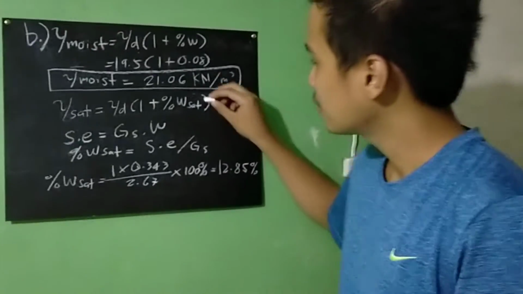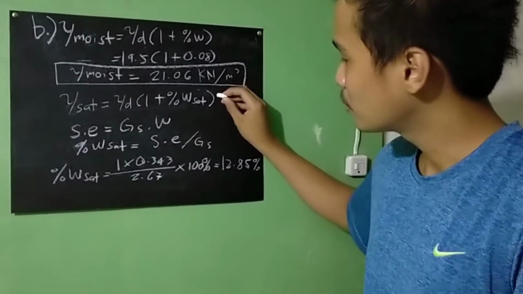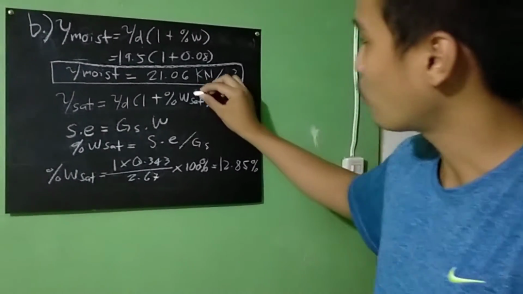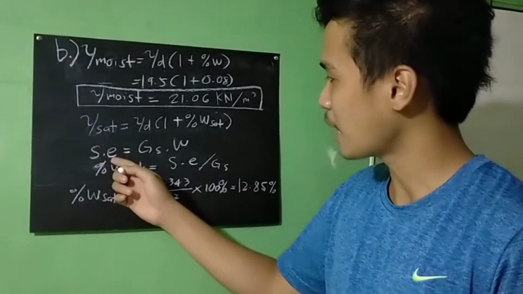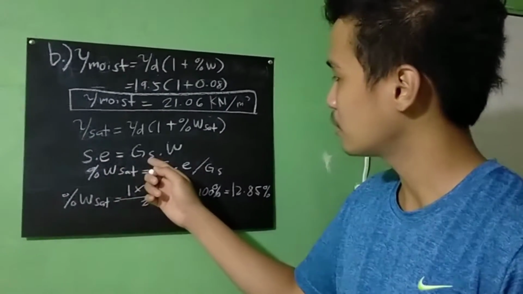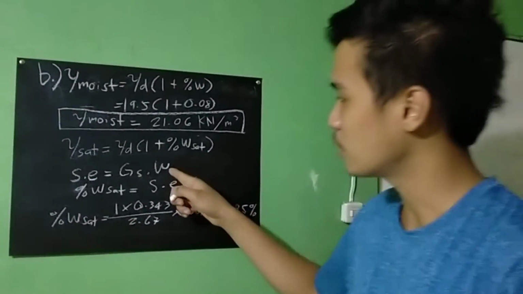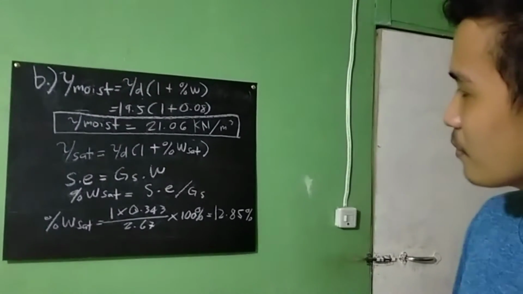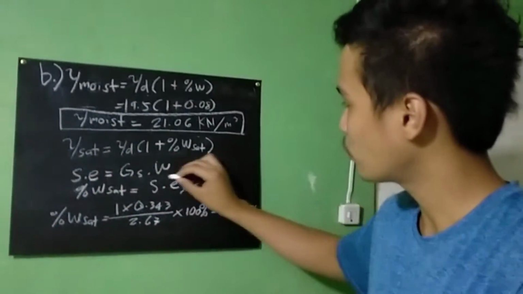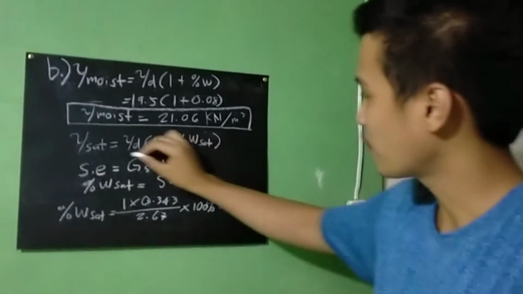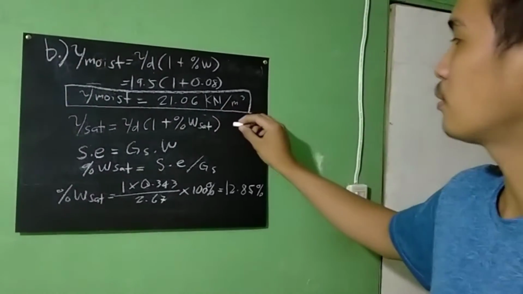Since the percent water content saturated is unknown, we have to find it first using the formula. The formula is S times e is equal to G sub s, or the specific gravity, times the w. So now, we change the formula and simplify to get the result for percent water content saturated.